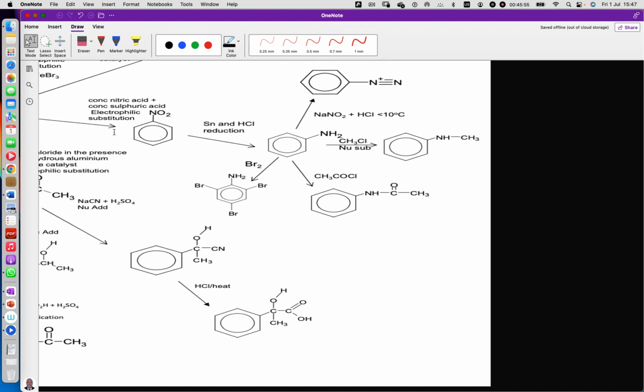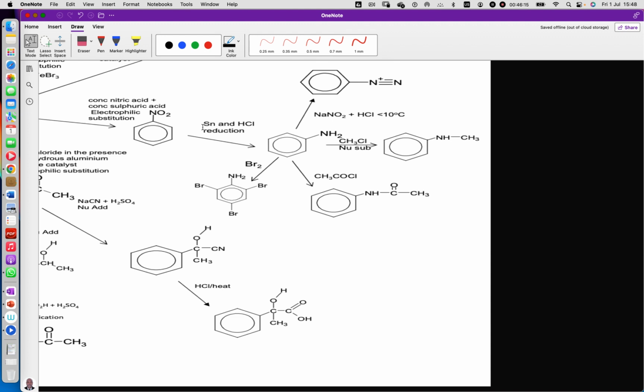So now during a reduction, we are going to use the reagent here. We will have concentrated hydrochloric acid, and we will also have tin. This is by reduction.